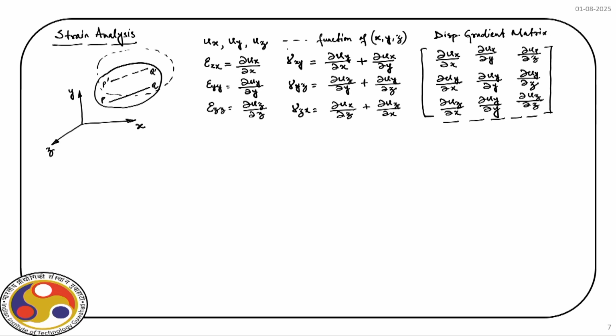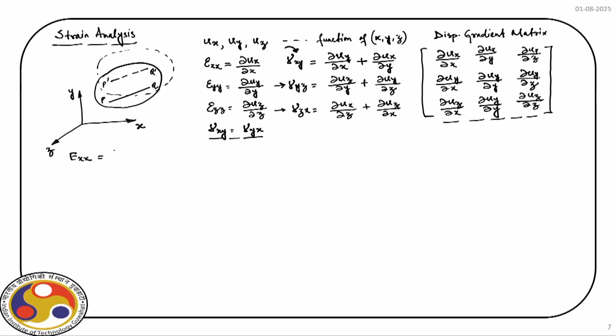Now, if you look at this expression, we can easily conclude that gamma xy is equal to gamma yx, right. Similarly, for the other 2 cases also we can easily show that. Now, we also derived the complete expression for strains where we have the higher order components.